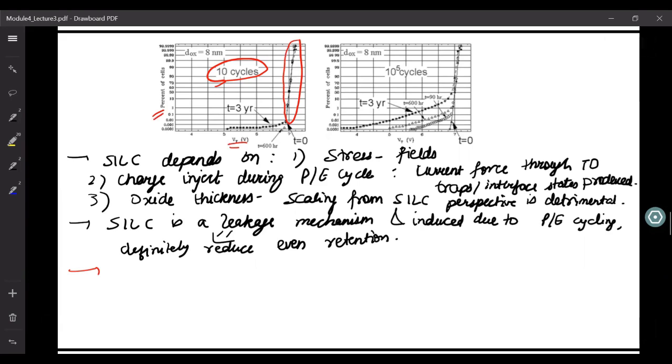So most of the cells have threshold voltage which is high. Only a few cells, after t equals 3 years, kind of leak the charges and have a threshold voltage which is low.